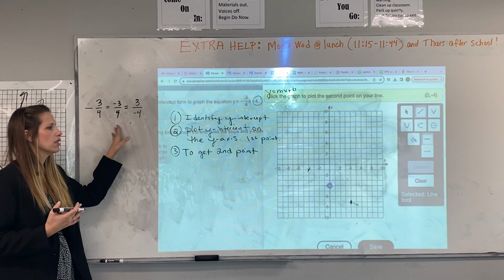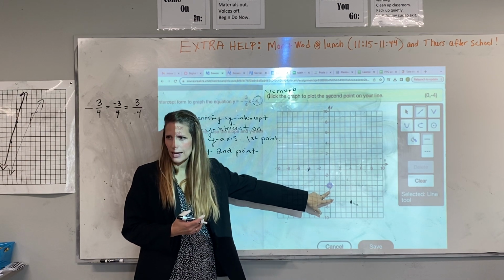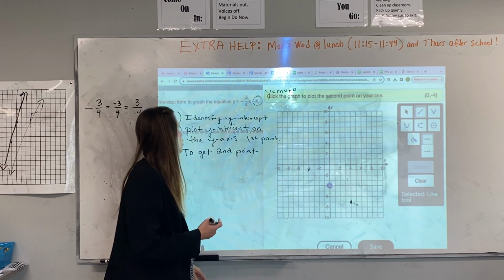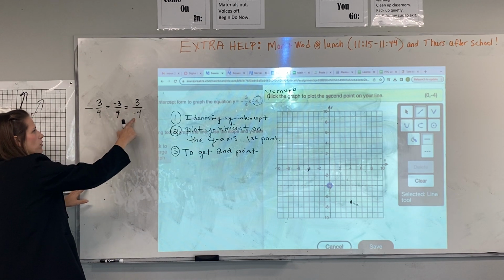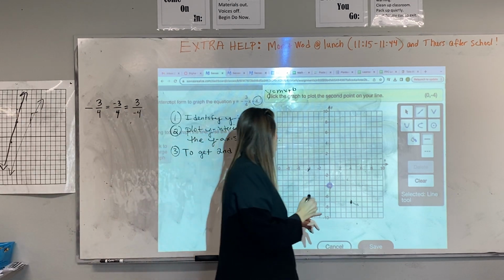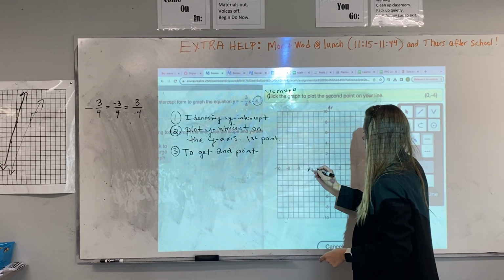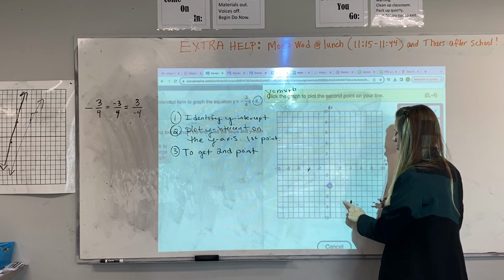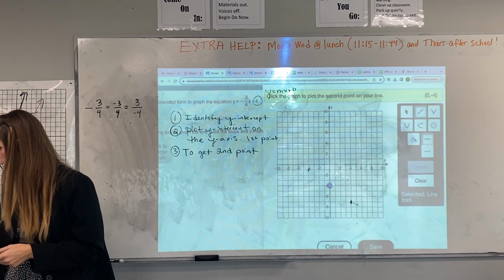That's the general rule. But if your point is already really low on the y-axis and you want to go the other way, instead of negative 3 over positive 4, you can do positive 3 over negative 4, and go rise 3, and if it's negative 4, you go to the left 4. See how the points all work on the line? Any way you slice it.